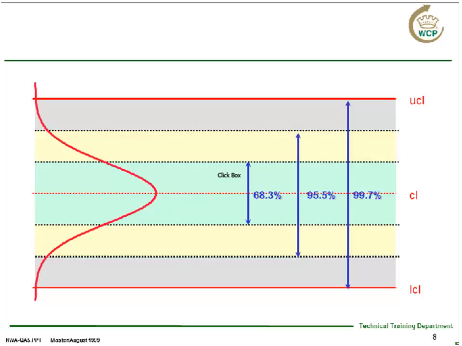So, when a point on our X bar chart goes outside the control limits, there is a 0.3% chance of that happening randomly. That is why we react to out-of-control points on control charts. The likelihood of it being random is very small, and it is much more likely to have an assignable cause.